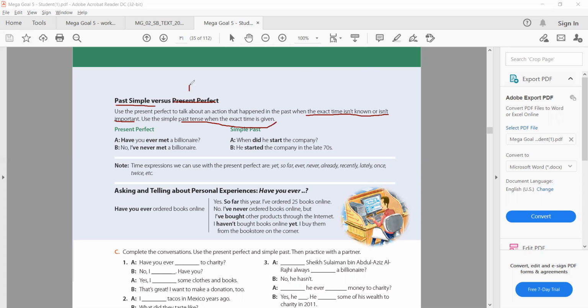In the past simple, I tell you the time, whether it's yesterday or any other time. The time expressions for the present perfect, which let you know the sentence is present perfect, could be yet, so far, ever, never, already, or anything. But mostly these.